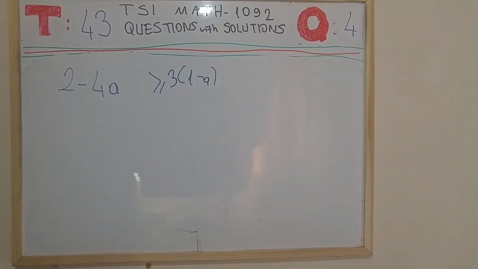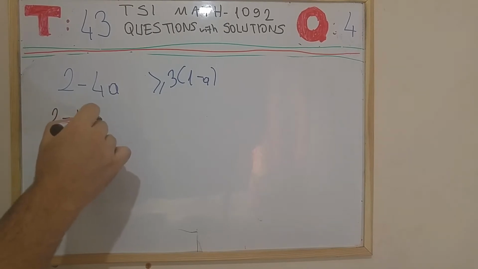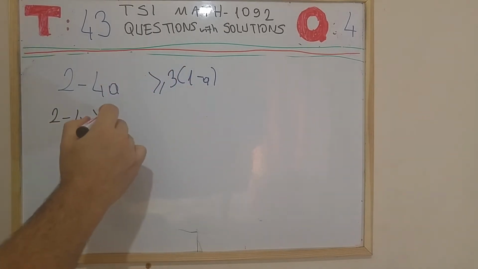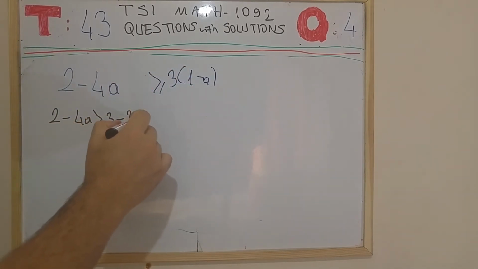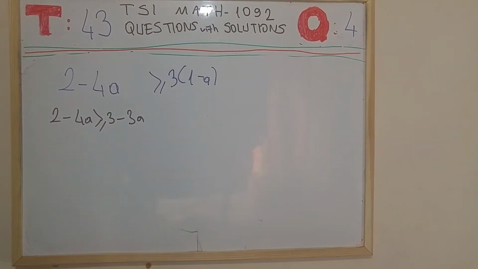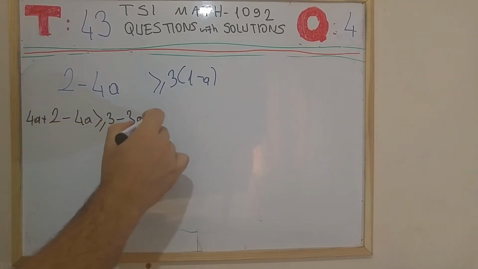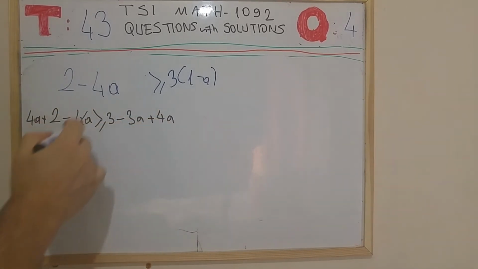Let's expand the parentheses first. So we have 2 minus 4a is greater than or equal to 3 minus 3a. Now let's add 4a to each side, plus 4a. So we don't have anything here.